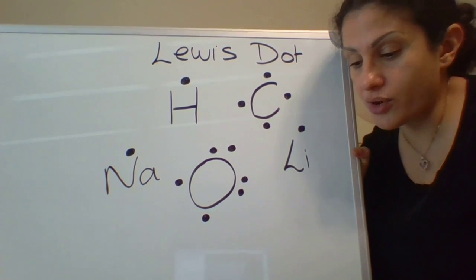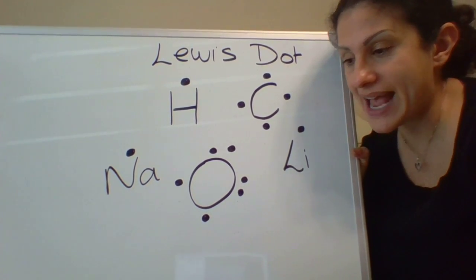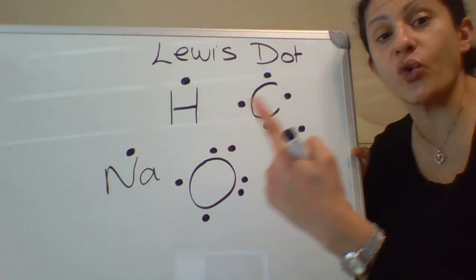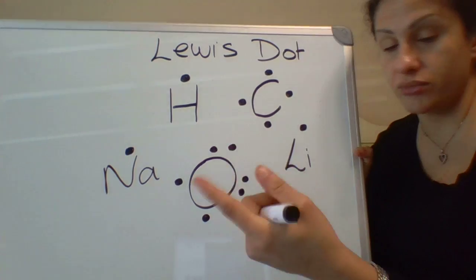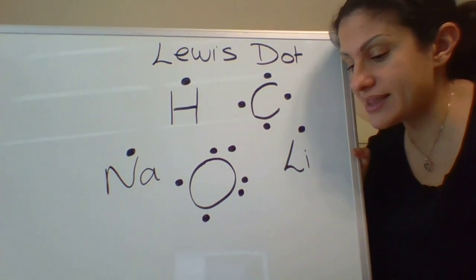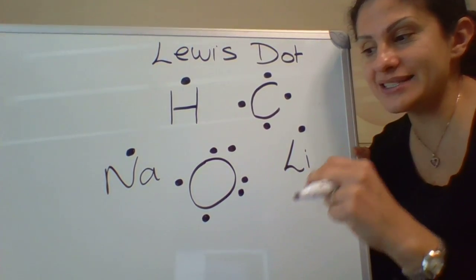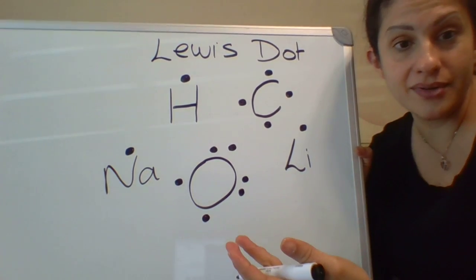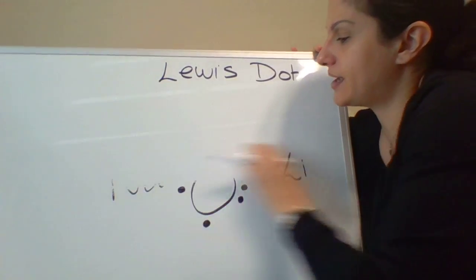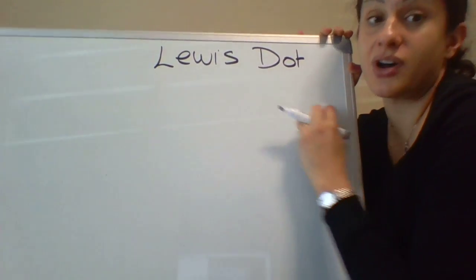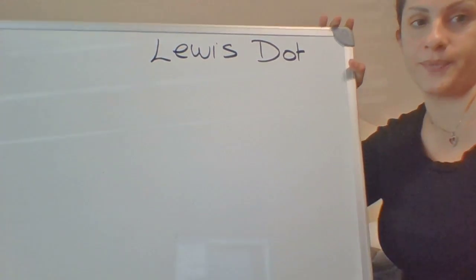What will also be nice to remember is as you go across a periodic table, you will notice that the number of valence electrons goes up. So let me depict that here for you in a diagram. Unfortunately, I cannot draw an entire periodic table for you.